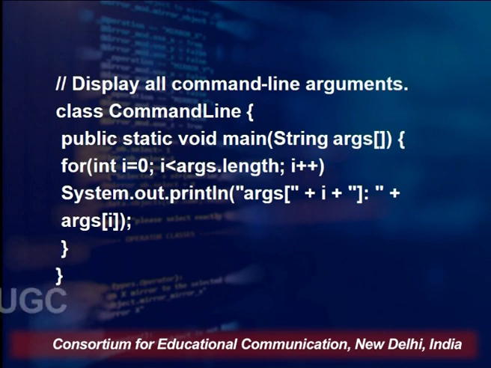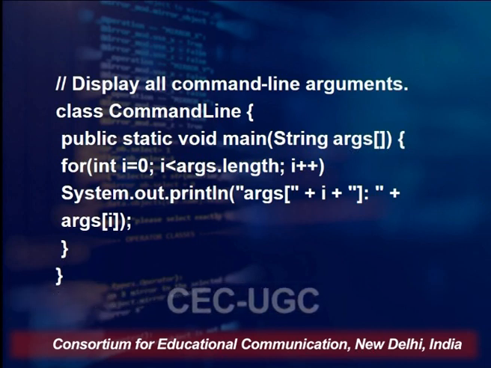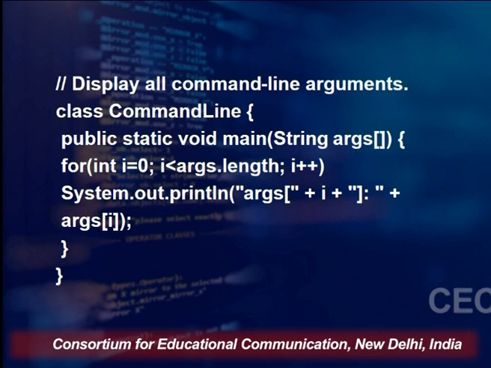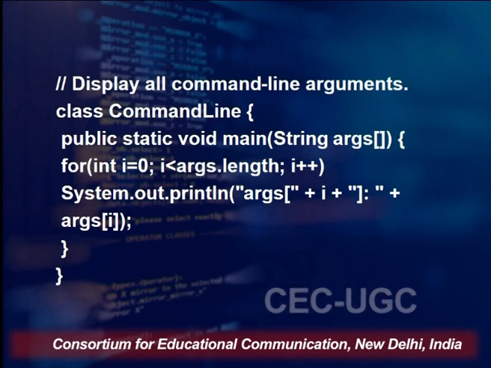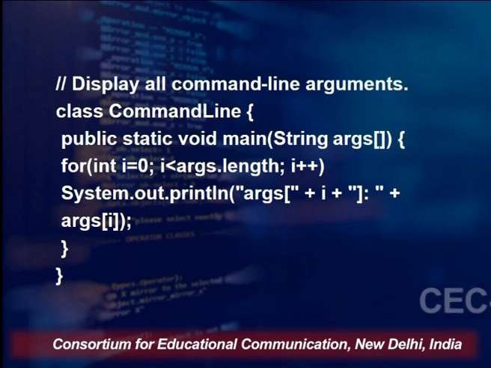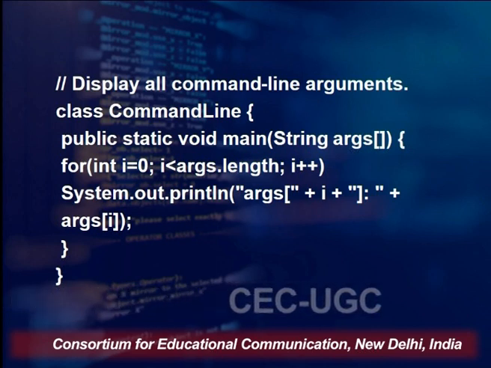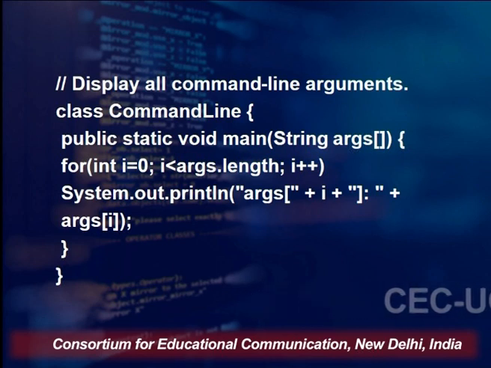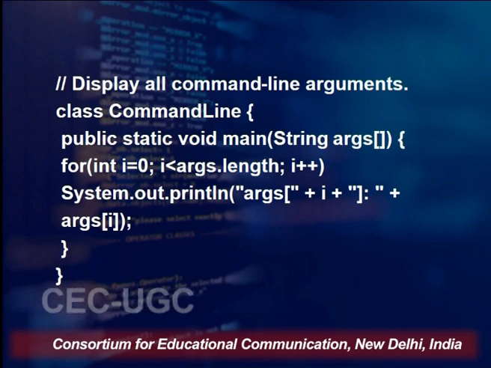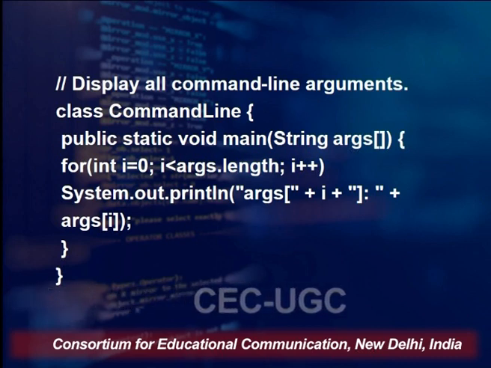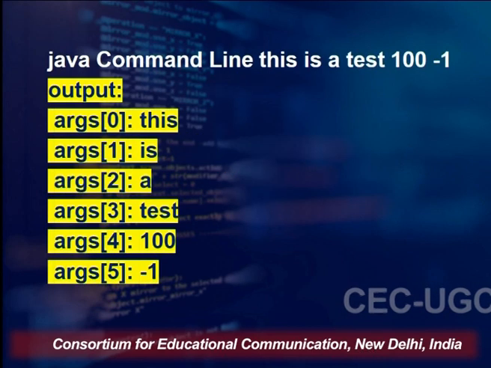Within this main function we have written for int i = 0, i < args.length, i++. That means I want to access all the elements of this args array, and it is going to print args[0] and the value of args[0], then args[1] and the value of args[1], and so on and so forth.